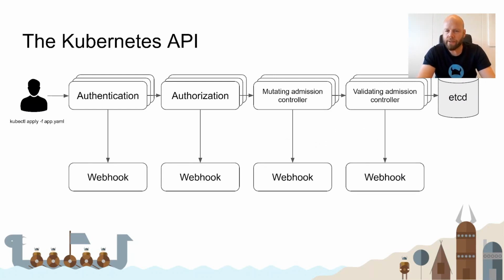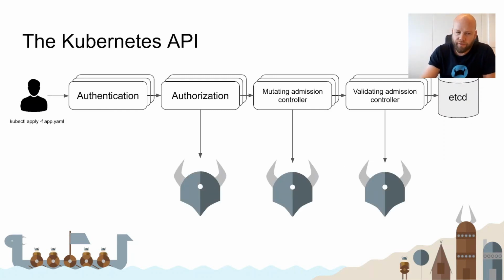But what's really interesting for us, in the context of OPA or policy engines, is this feature of the Kubernetes API called webhooks, where instead of using one of these built-in modules, we have a chance to provide our own functionality in our own applications to either authenticate, to authorize, or to mutate or validate the request.